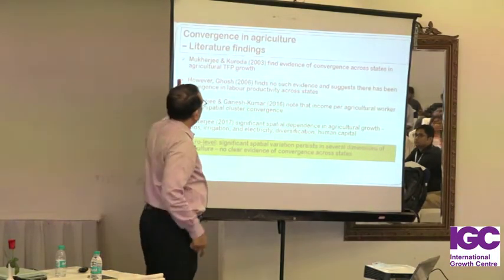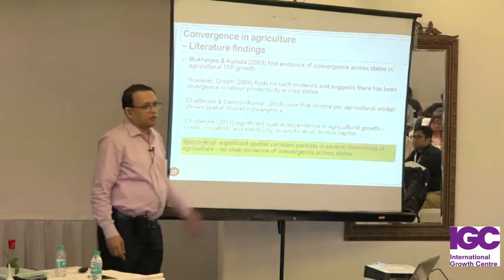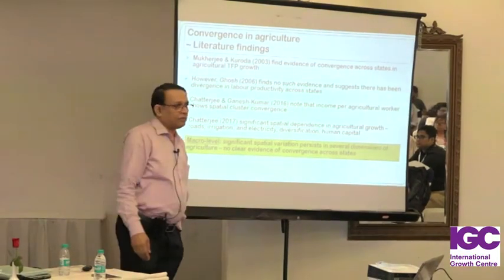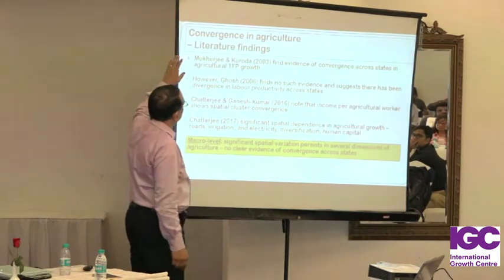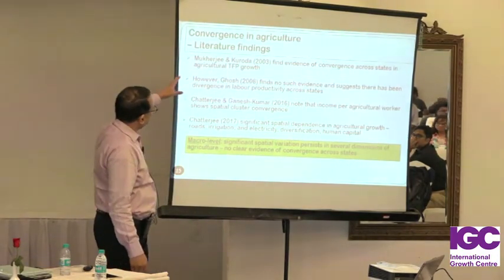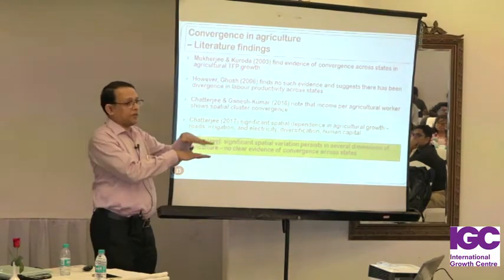There are a whole lot of studies, and those methods have been used in the Indian context also. There are a few studies which have looked at the agricultural part of it.